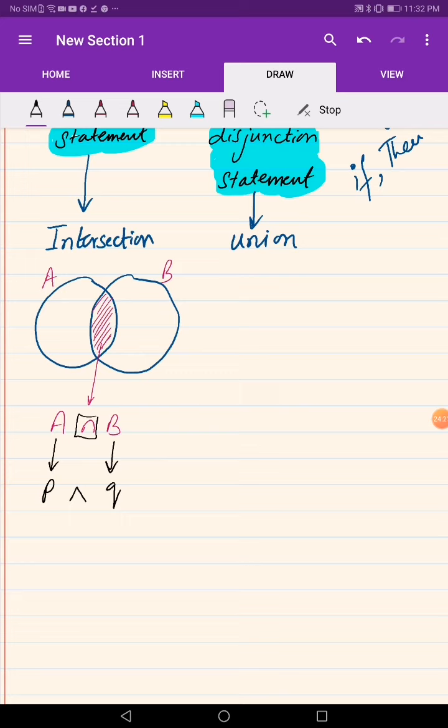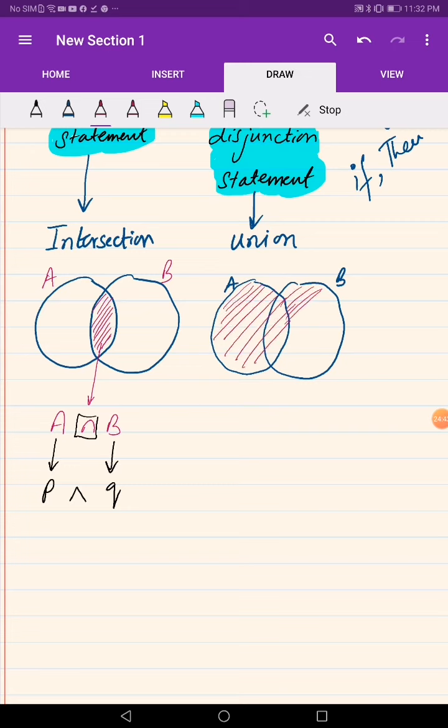So P and Q. Now, if I talk about union, let me draw a Venn diagram. This is A, this is B, and I want to take the union, so I have to take everything, even the intersected parts.